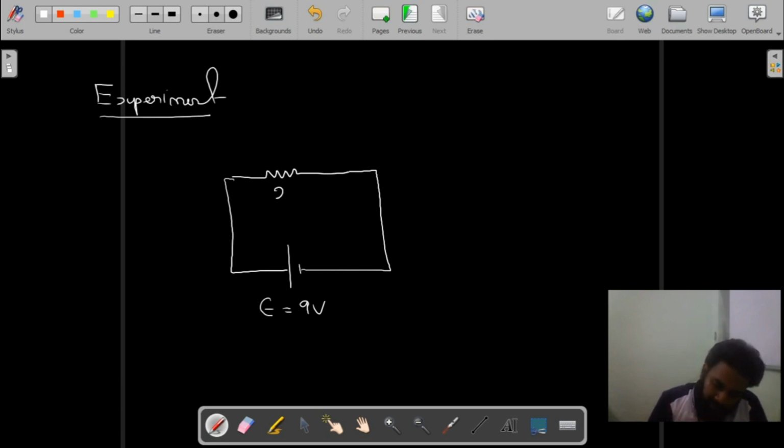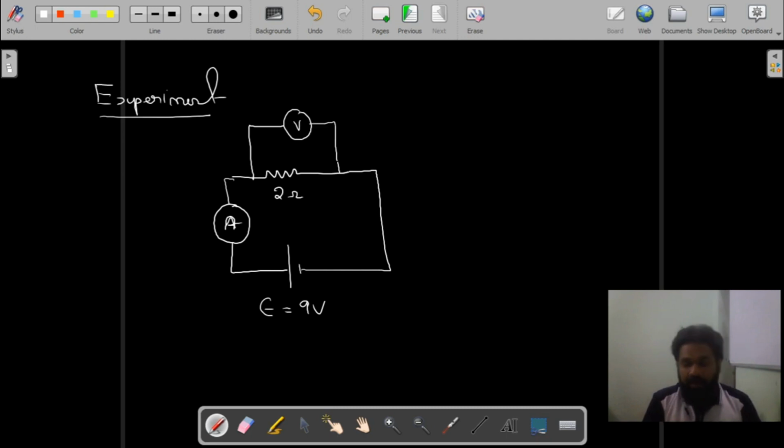Now the resistance is 2 ohm, and I connect an ammeter in the circuit to measure the current, and I connect a voltmeter to measure the voltage across the 2 ohm resistance.